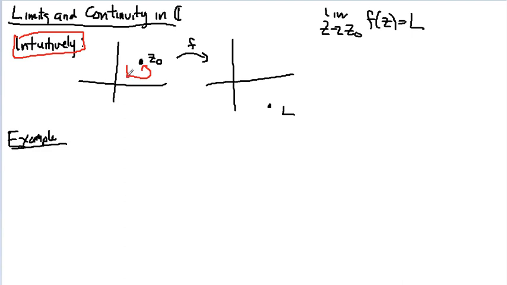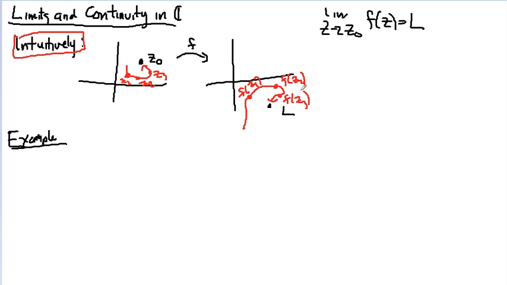So as we approach, we're going to have a z1, z2, z3, and we're going to see what happens over here. As you map it over, if the limit exists, the way you want to think about it is that there's some other path, and who knows what it is, where f of z1 might be right there, f of z2 is right there, f of z3 is right there, and they're getting closer and closer, as a general trend.